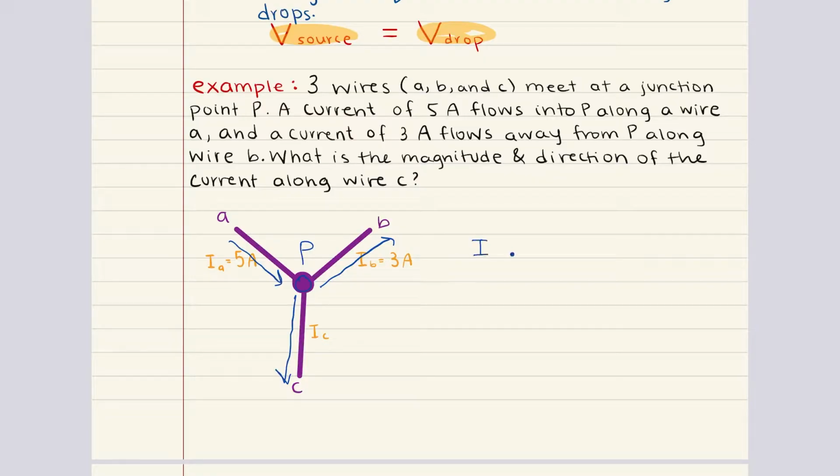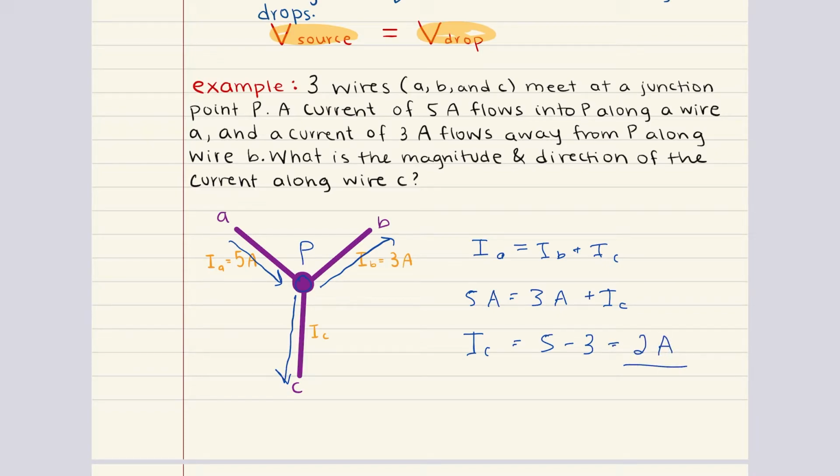The current in wire A is going to be equal to the current in wire B plus the current in wire C. The reason we set this up is because current flows into the junction using wire A, and current flows out of the junction in wires B and C. Now we know that the current in wire A is 5 amperes, and the current in wire B is 3 amperes, so we can solve for the current in wire C. The current in wire C is going to be 5 minus 3 amperes, which is equal to 2 amperes.